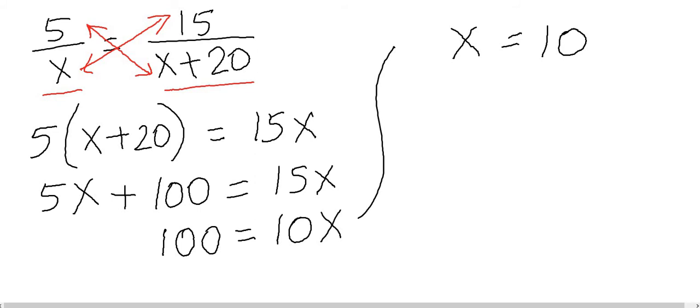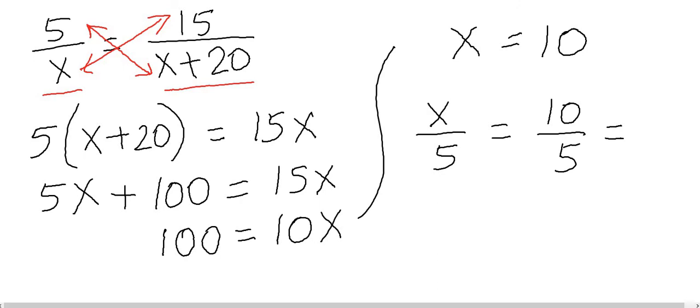Okay, so x over 5 would then be 10 over 5, right, equal to 2. So the answer is 2, which is option C.